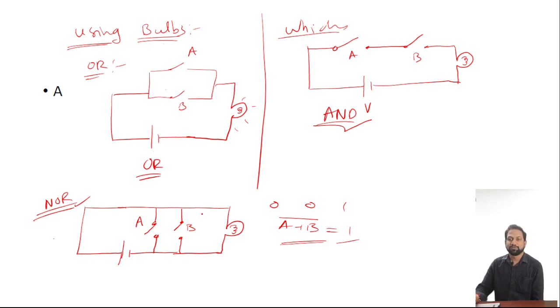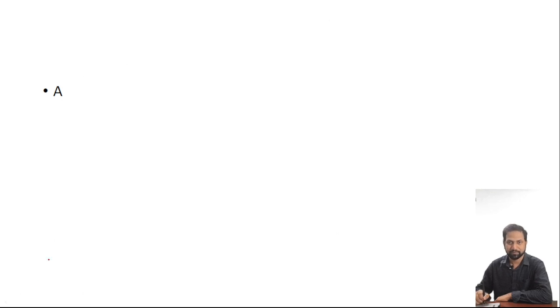Suppose the question is about constructing a NAND gate using bulbs. How would it be? That you can do for yourself. Suppose there is a gate which has been given this way.